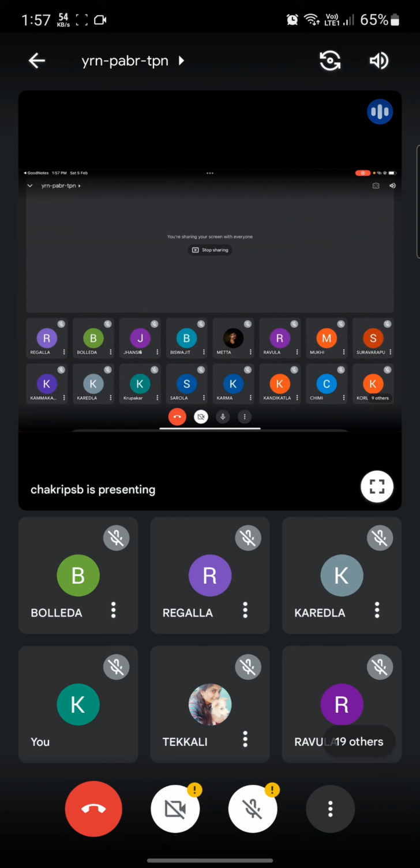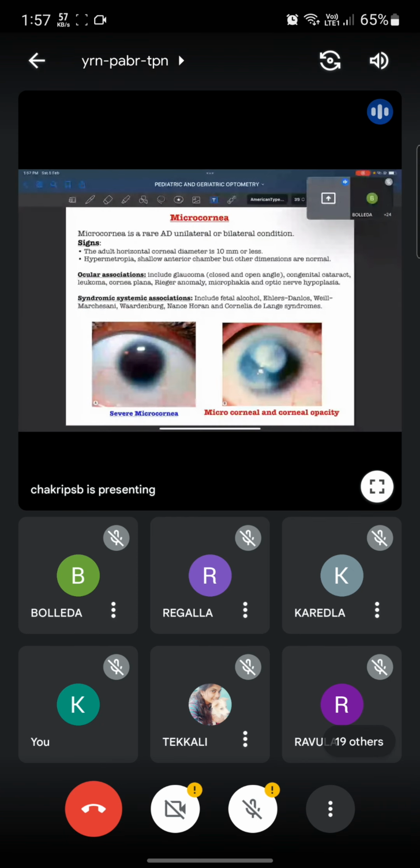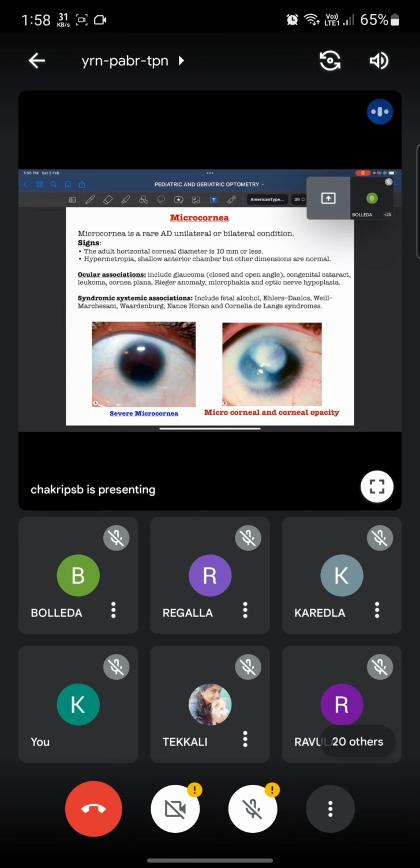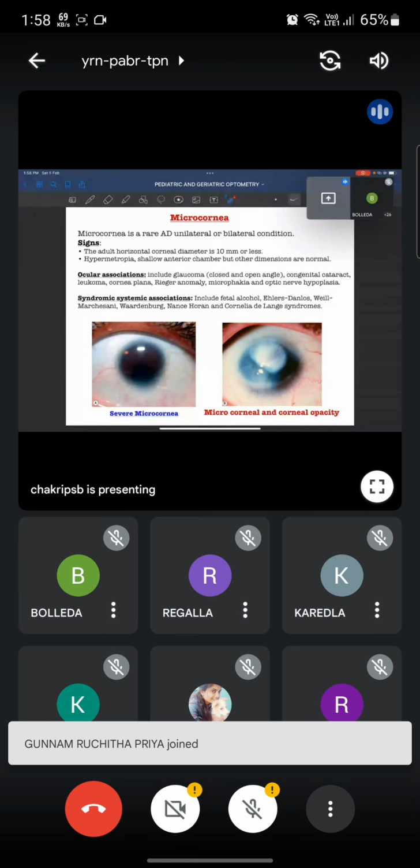So microcornea, what will happen now? We have nearly 13 mm or 12 mm based on the human, based on their structures. So we have different corneas, but the normal cornea size is nearly 11.5 mm. But coming to microcornea, the diameter of the cornea will be less than 10 mm.